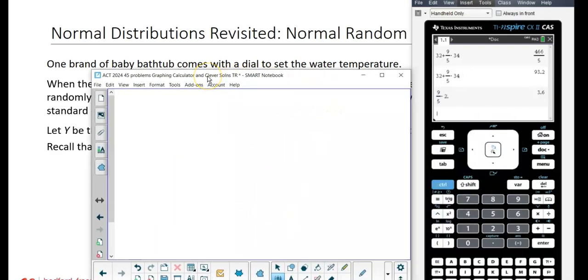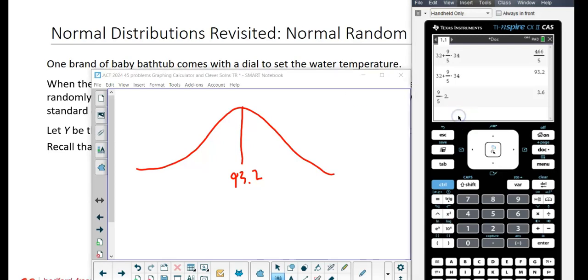So let's draw a normal curve now with the correct numbers. The mean is 93.2. Standard deviation is 3.6. I like to type in the number 93.2, press enter, then hit plus whatever the standard deviation is, 3.6, and press enter 3 times.